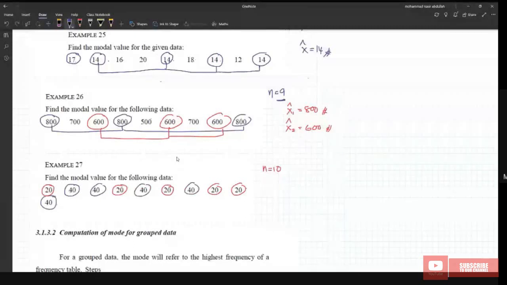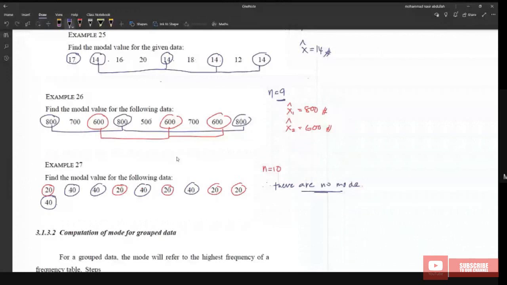So since there is equal appearance in this group of data, 20 appears 5 times and 40 appears 5 times, in this data there is no mode, right?